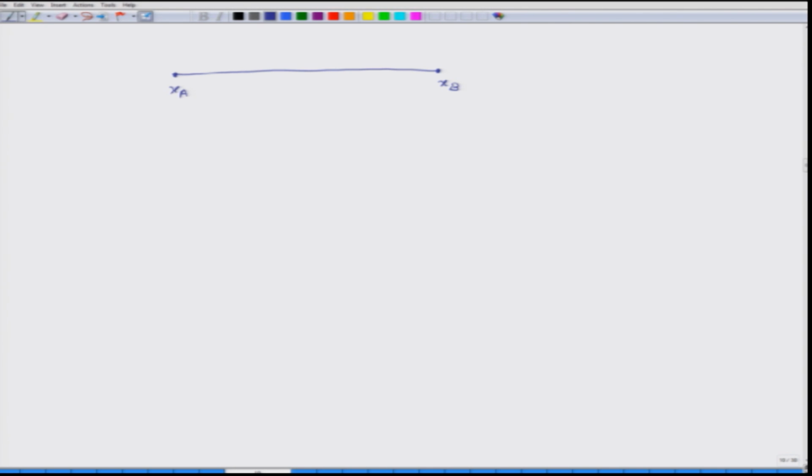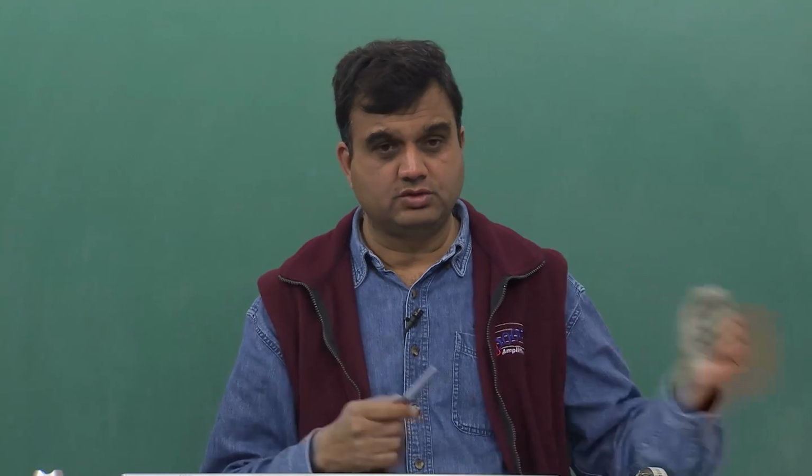Now suppose I have at this location a point force, and let us say that value is q e. So at some location I have a point force, I am pulling it, so that is q e.